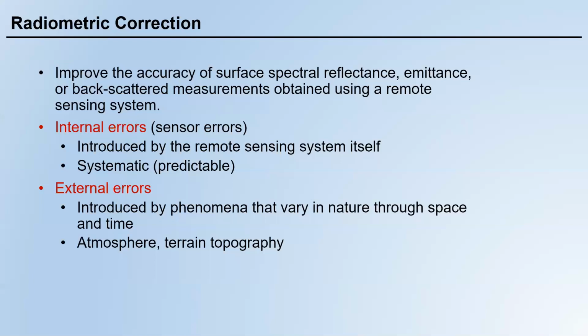This process cannot be controlled, so it's relatively random, and it's not from the remote sensing system itself. So we call this type of error external error, because it is introduced by something outside the remote sensing system.